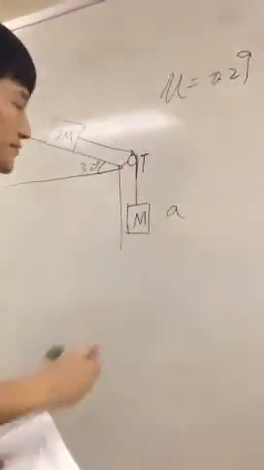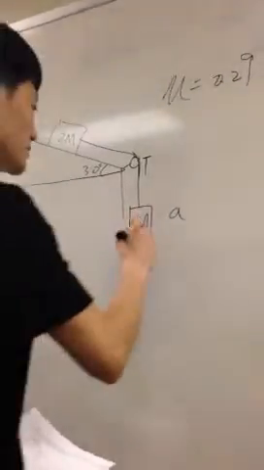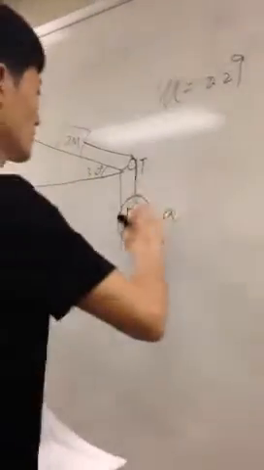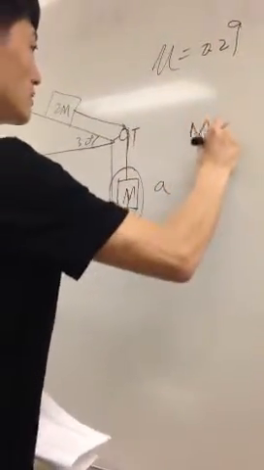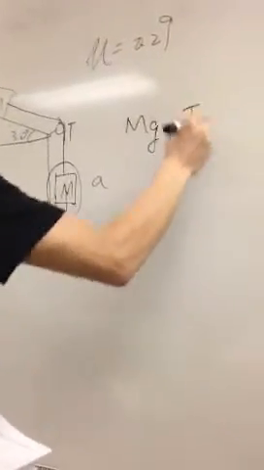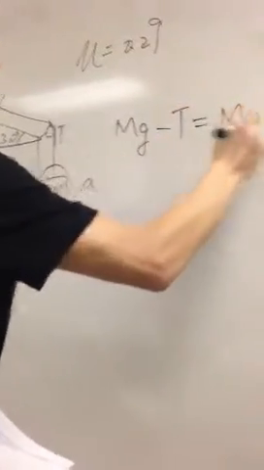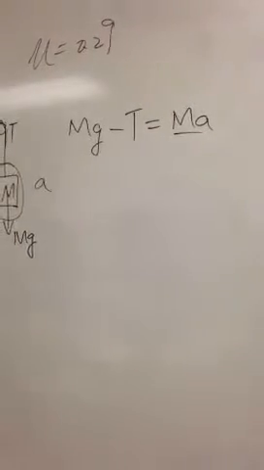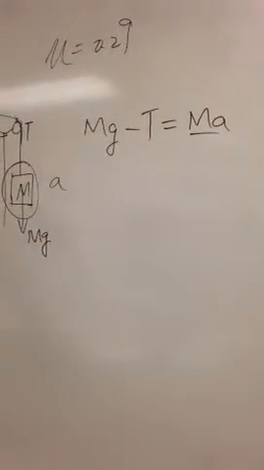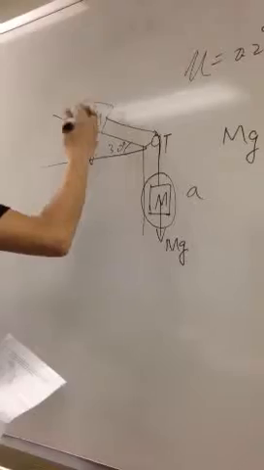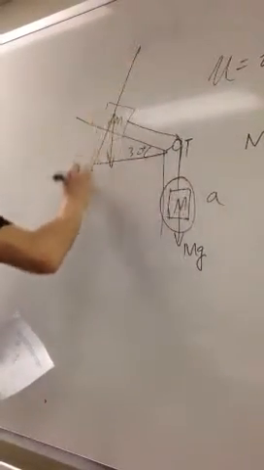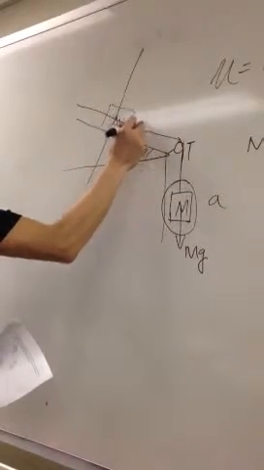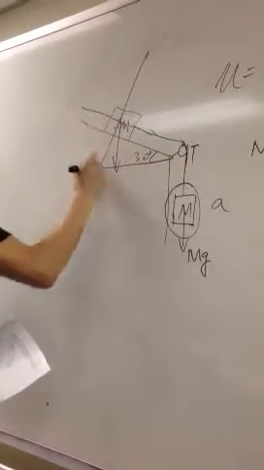there will be a tension term. And if you look at this, there is mg, gravity. That is acceleration, right? But this one is the most complicated one. You need to look at x and y. First we look at y.